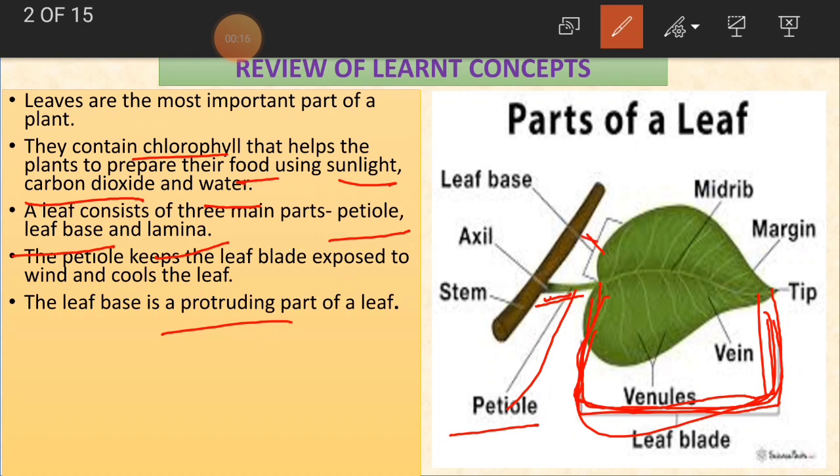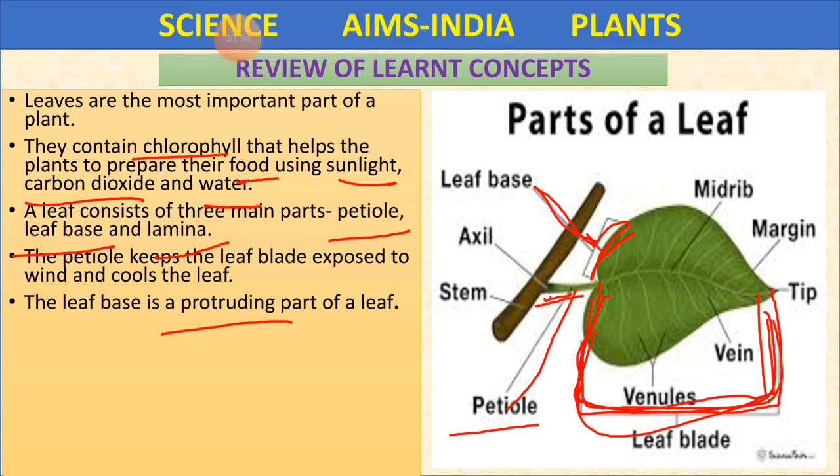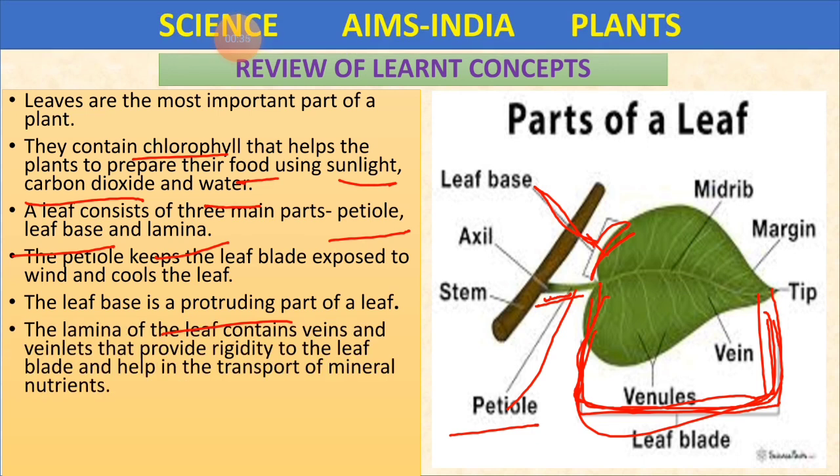If you see, here is the leaf base, this one. So this part is going to extend, going to expand, going to grow more in size. Okay, so this is the expanding part of a leaf. Clear children?